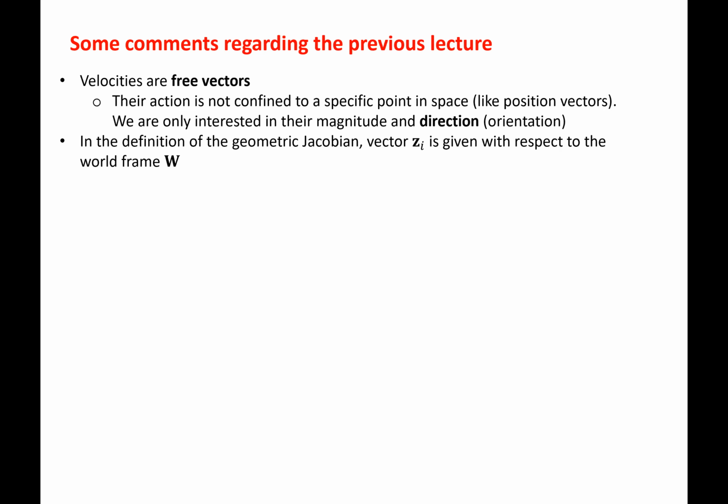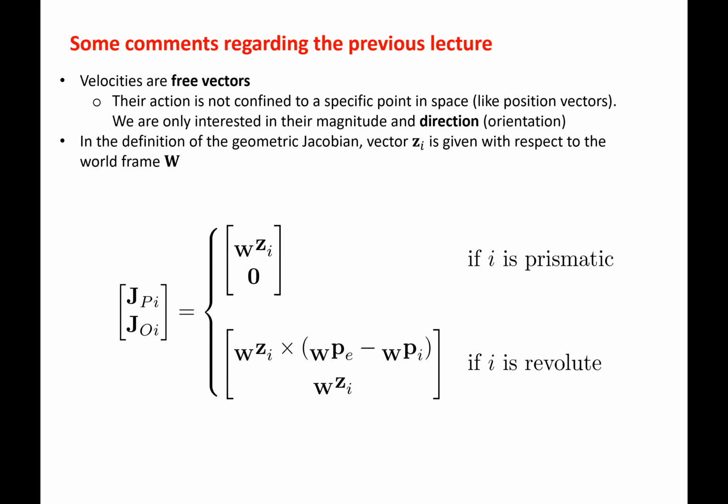The other thing that might have caused a bit of confusion yesterday is that in the definition of the geometric Jacobian, I didn't put a left subindex. It is important to mention that the axis Z_i, the axis of motion, needs to be referred in the world frame. So in this expression, I'm adding the left subindex to the Z. Let me just get my stylus.